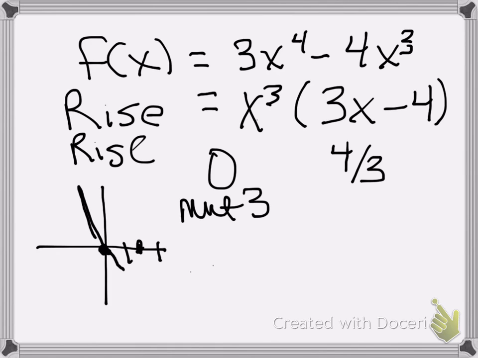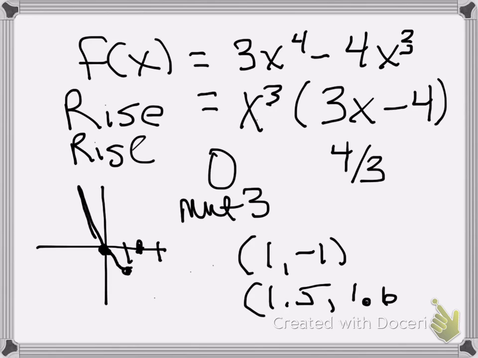And what you might want to do is you might want to plug a point in between there. Let's put a 1 in there, and you can use your calculator. At 1, this function is equal to -1, so we know we're right there. Okay? And then it's going to come back up and go through. You might even do 1.5 if you want to. Again, use your calculator to give you those values, and that's going to be at about 1.6875, something like that.